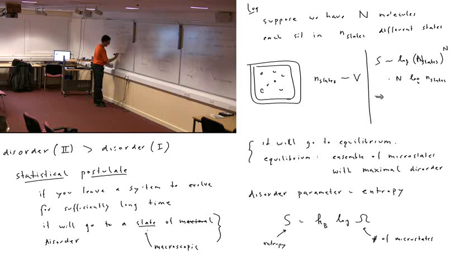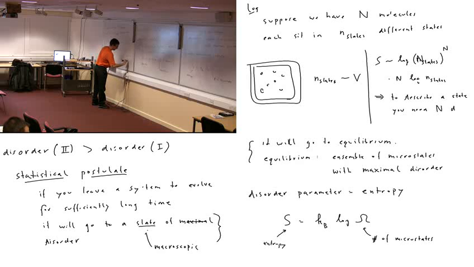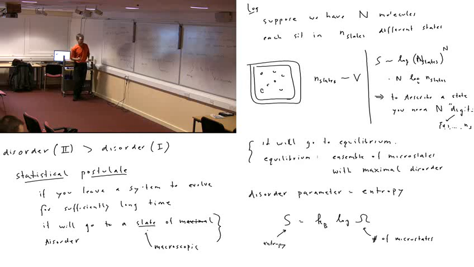So what this formula is trying to tell you is that to describe a state, you need capital N digits, where each of these digits runs from 0, or from 1, to small n states. This is supposed to be 2.